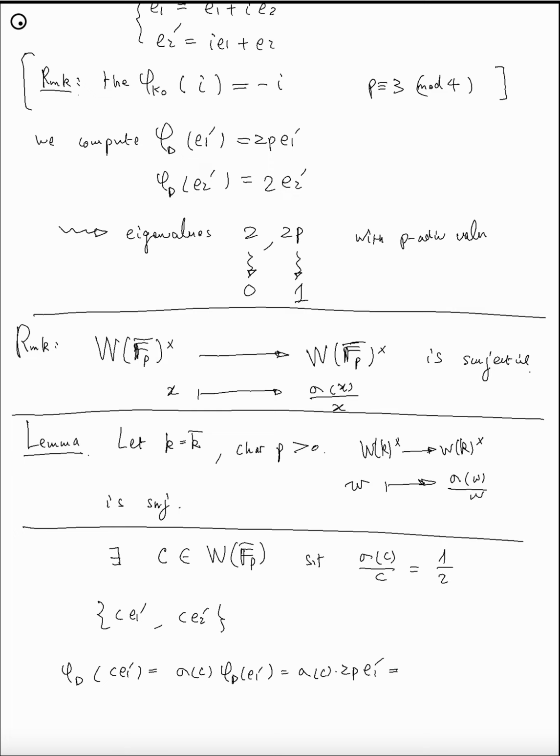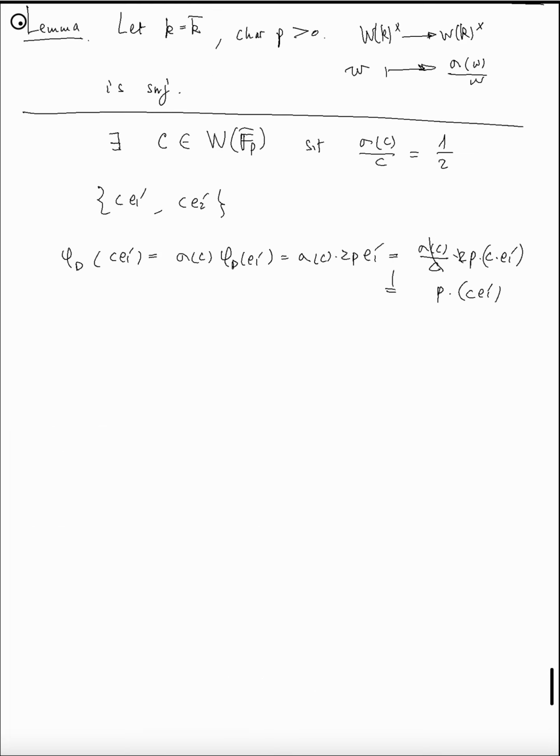So this is sigma C over C times 2p times C E1 prime, but this is 1 over 2, so this is p times C E1 prime. So if we change to C E1 prime, the eigenvalue becomes p.